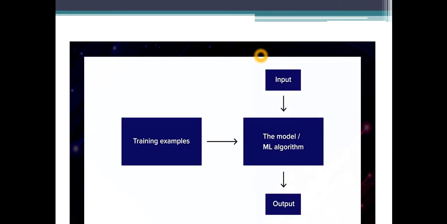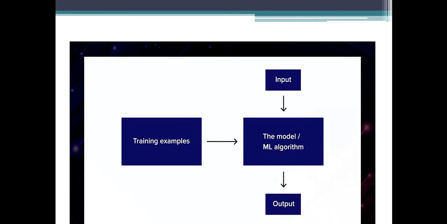And how does ML actually work? You will see input data, then training examples. From these training examples, or training data, we build the ML algorithm. Then test data is sent as input to the ML algorithm, and from that the ML algorithm gives you the output.